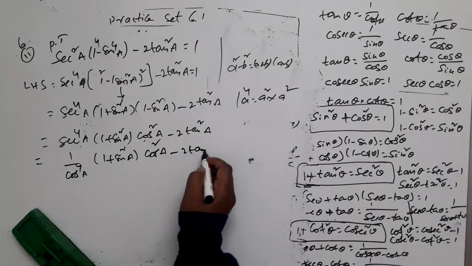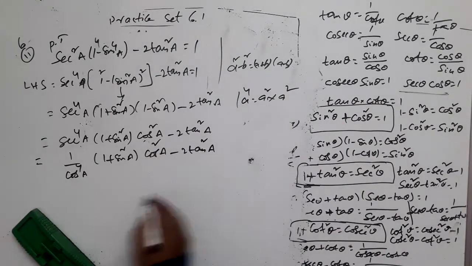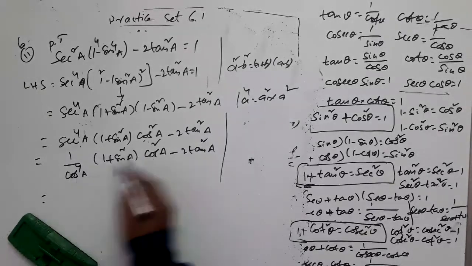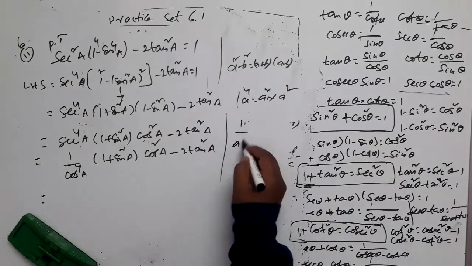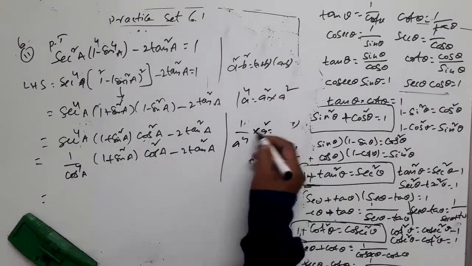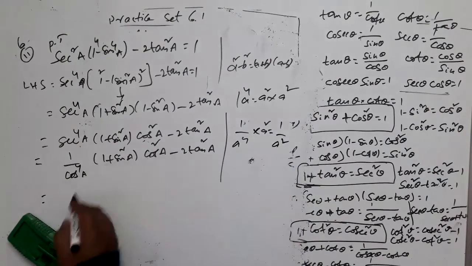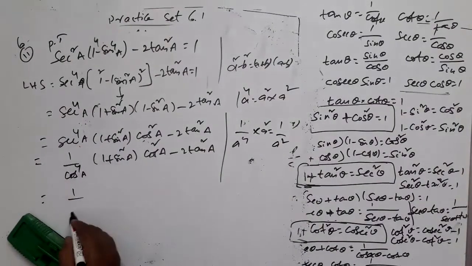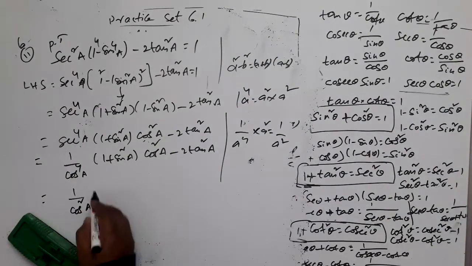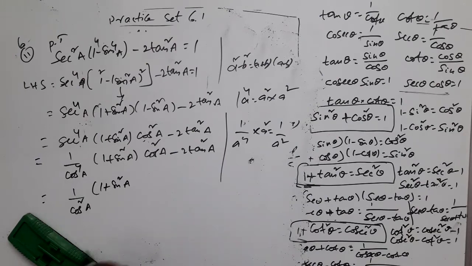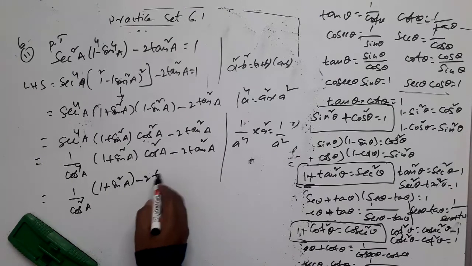I am leaving this term as it is, this part. Now I have cancelled 1 cos square A. See here, A power 4 is there, A square is there. If I cancel, what will I get? 1 by A square will be remaining, right? So I have cancelled, 1 by cos square A is remaining, 1 plus sine square A, right? Minus 2 tan square A, of course.